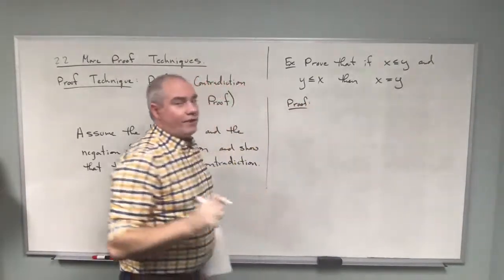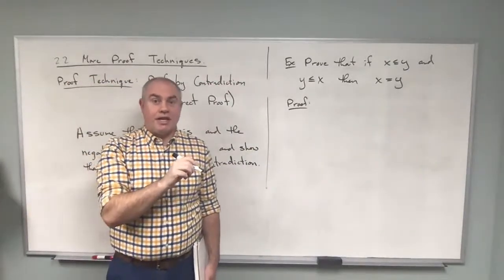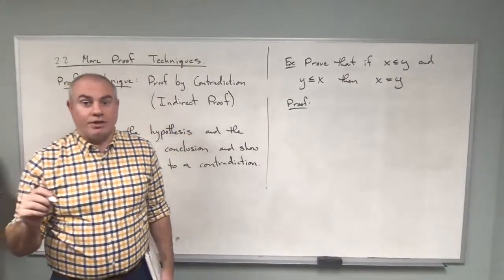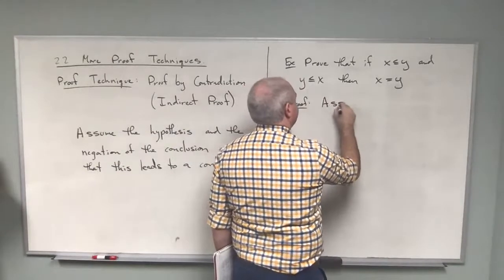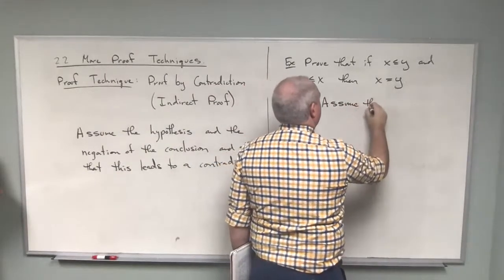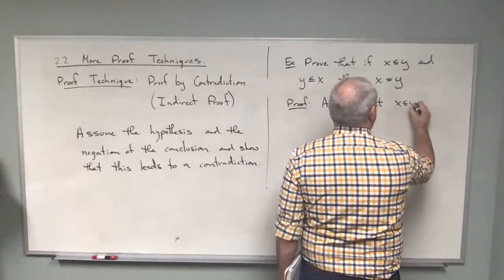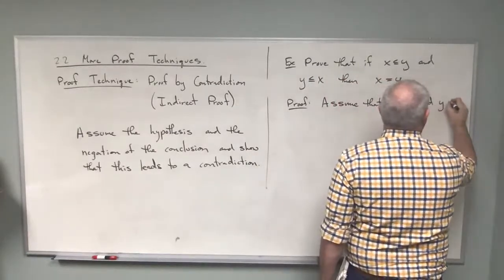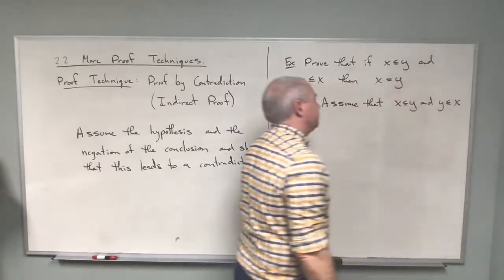So remember, if I'm going to do a proof by contradiction, I get to assume the hypothesis, and then I get to assume the negation of the conclusion. So I'll assume the hypothesis. So assume that x is less than or equal to y, and that y is less than or equal to x.